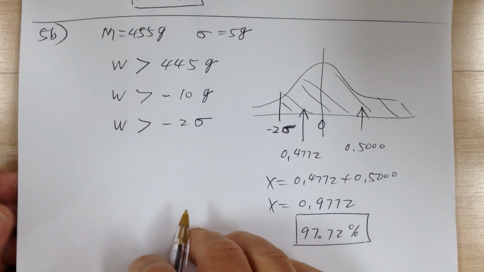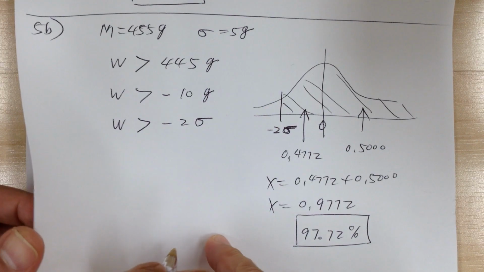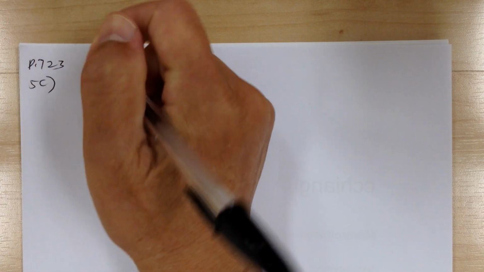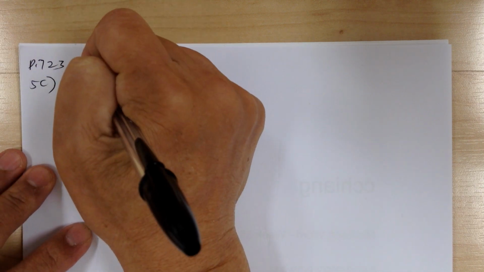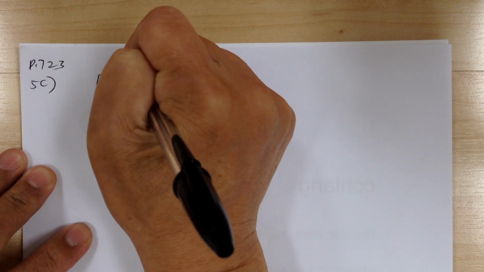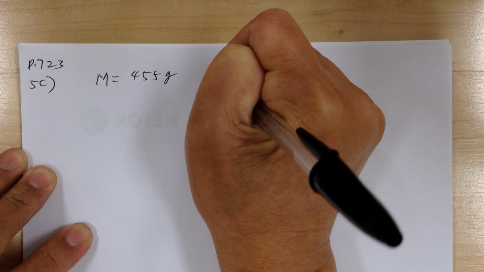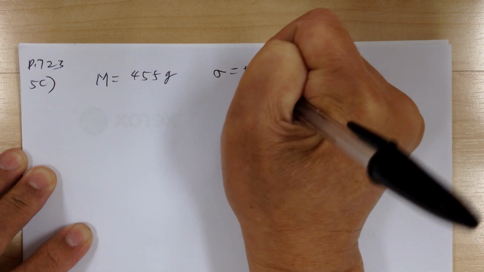Okay, let's go to C. So 5C, again, write down all your information. So again, the mean is 455 grams, and one standard deviation is 5 grams.